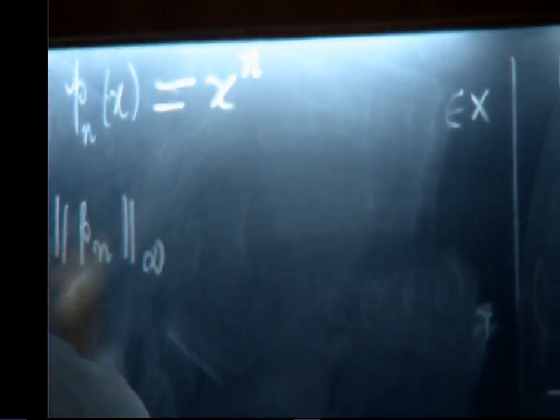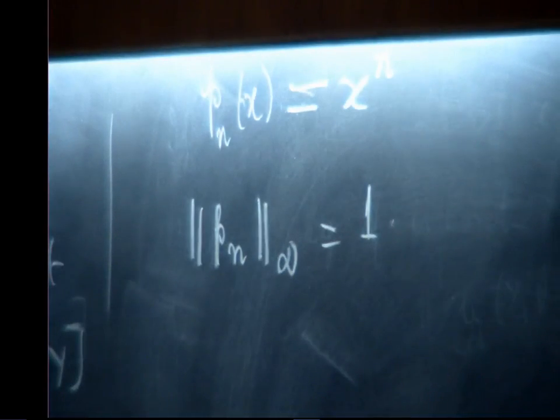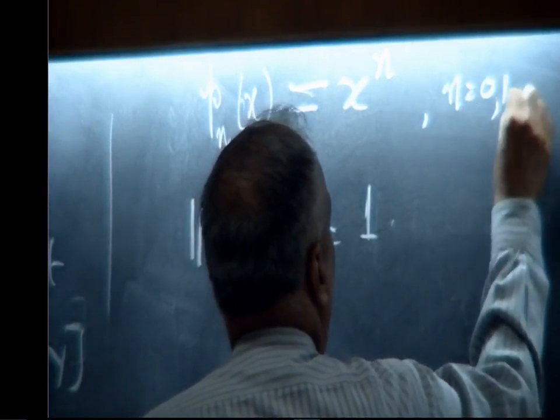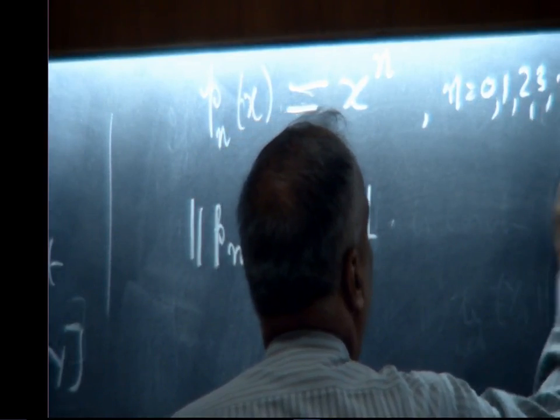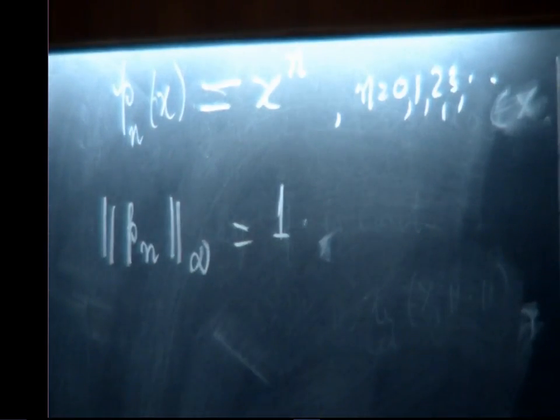The maximum of x to the power of n on [0,1], which is obviously 1. So, the norm of Pn is 1 for any n, for n equal to 0, 1, 2, 3 etc. Very simple. That means they are all unit vectors in that space.